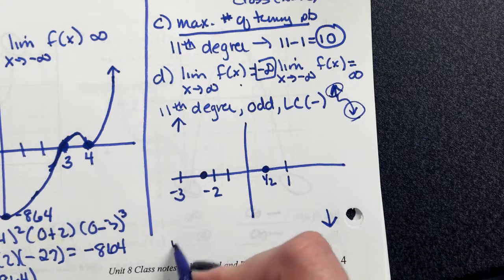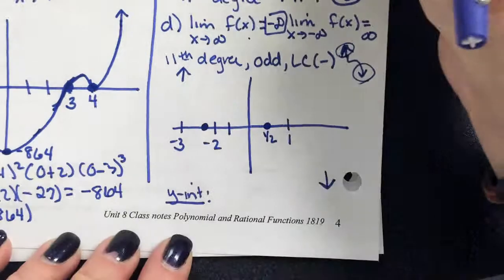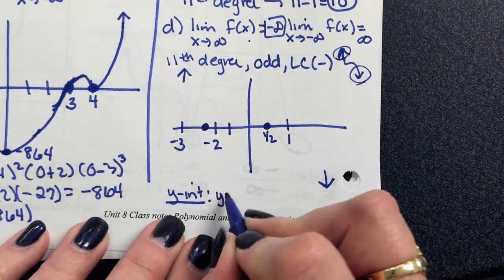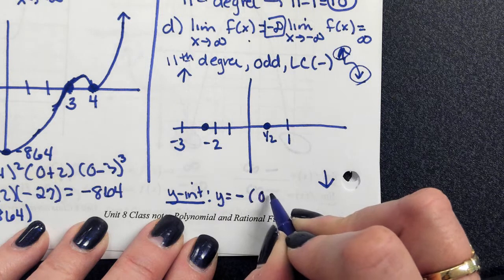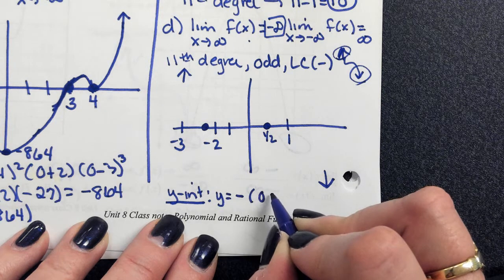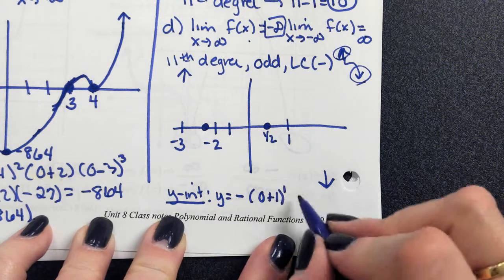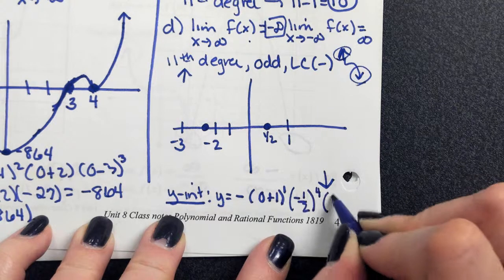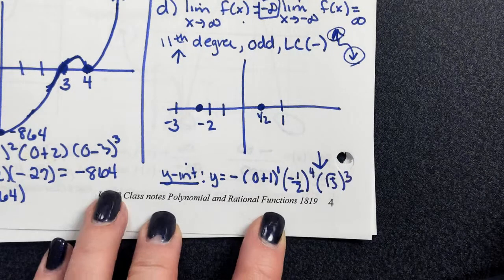So now, if I find my y-intercept, I'm going to plug in 0 for x, so y is equal to the negative, 0 plus 1 squared, I know it's just going to be a 1 squared, times negative 1/2 to the 4th, times square root of 5 to the 3rd. So it's not going to be a pretty one.